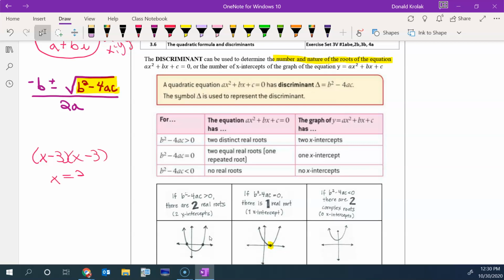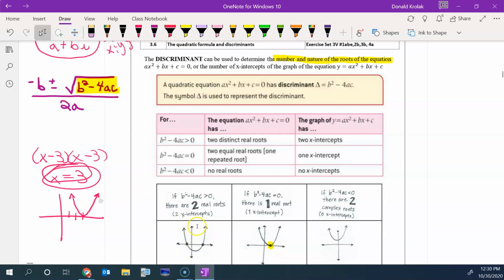X equals 3 makes both of those 0. So that graph would just touch and go at 3. So it's really 2 roots, but they're the same.